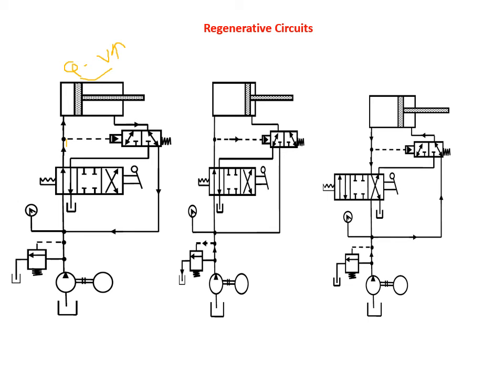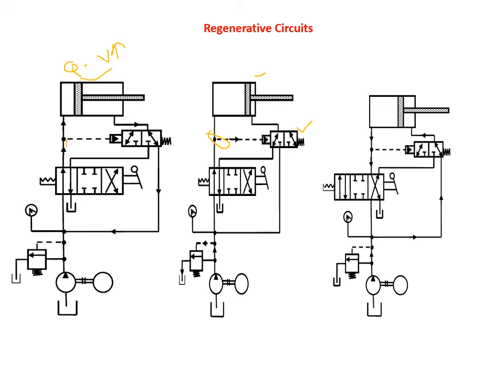So looking at the second diagram, what you find is that when the actuator reaches its extreme position, but the pump is still supplying, the pressure in this particular line will increase, and this will give a pilot signal to this particular direction control valve which is pilot operated.